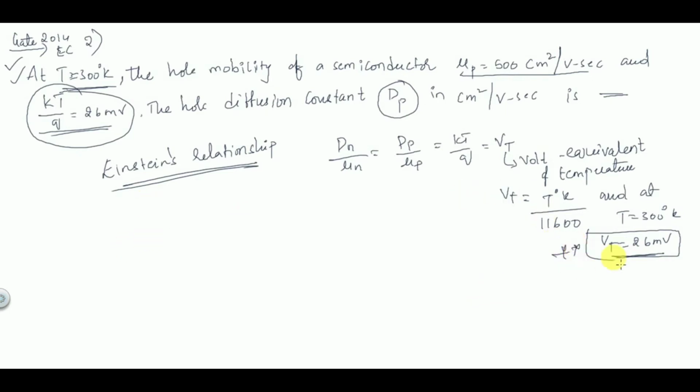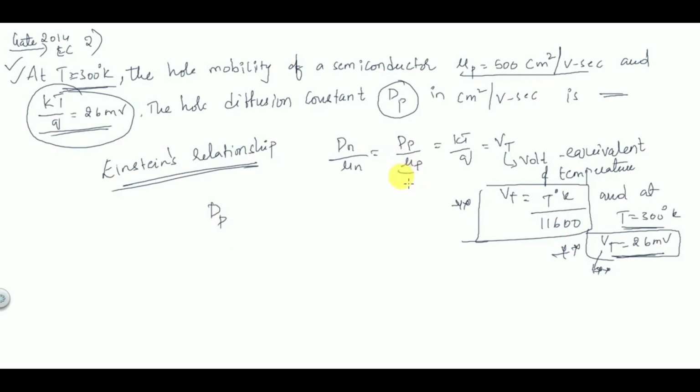So Vt is equal to 26 millivolts. This is the generalized formula to calculate at any temperature, but at room temperature, that is 300 degrees Kelvin, Vt is 26 millivolts. So remember the formula and also remember the value at room temperature. What is Dp?